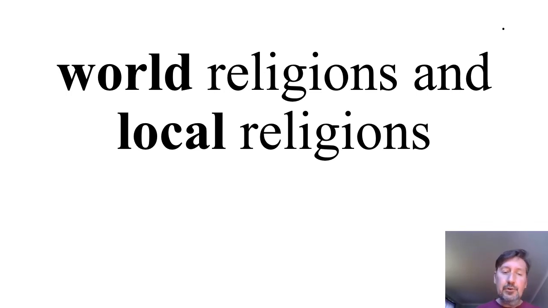How is it, Mueller asks, that the local religion and the world religion can continue to coexist with each other? The two can coexist, Mueller argues, in situations where the world religion and the local religion explain different problems at different levels.